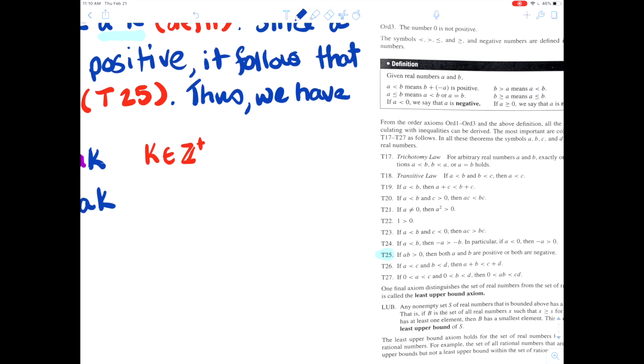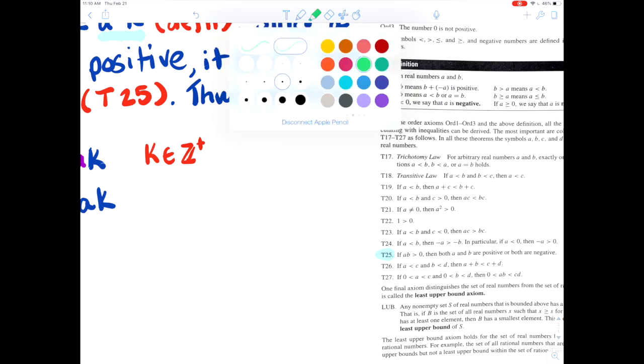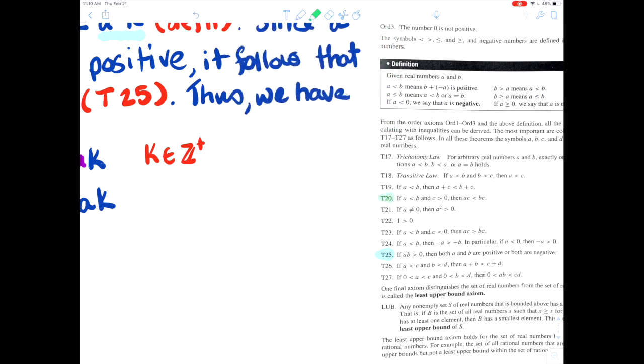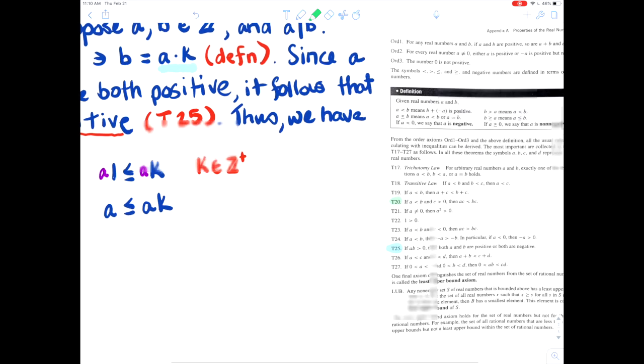I'm using actually theorem 20. So let's take a look at this one here. And this theorem 20 is saying that, again, you have to remember we're using A and K. We're not using A and B. So we had this statement that 1 was less than or equal to K. So we're actually using 1 and K. And the C in theorem 20 is the A. All right.